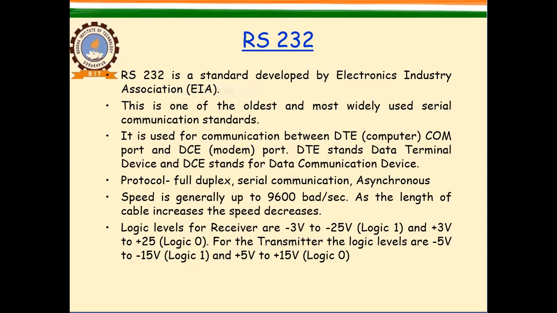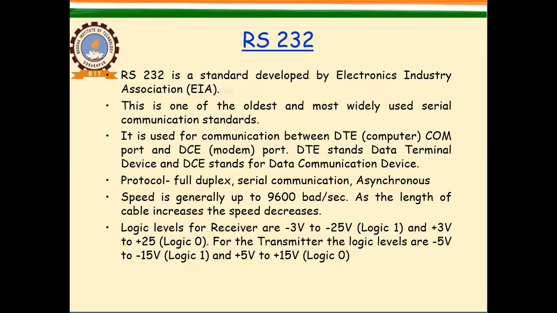The protocols used in RS232 are multiplex serial communication and asynchronous, meaning the data is transmitted in both directions at the same time. Data is transmitted serially, meaning bit by bit, and it requires no clock signal to transmit the data.